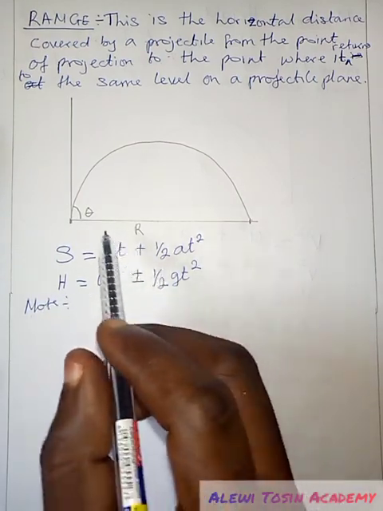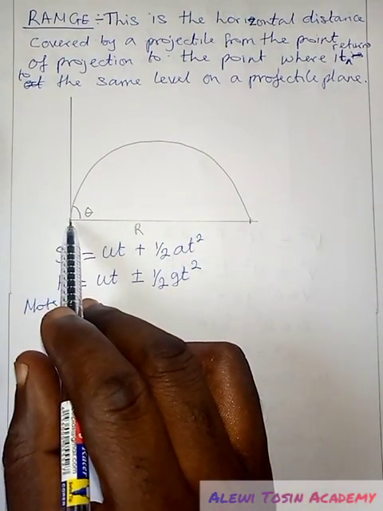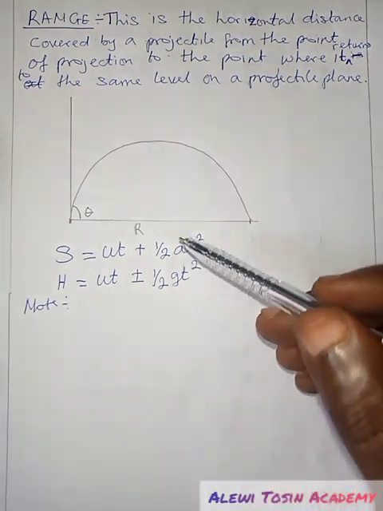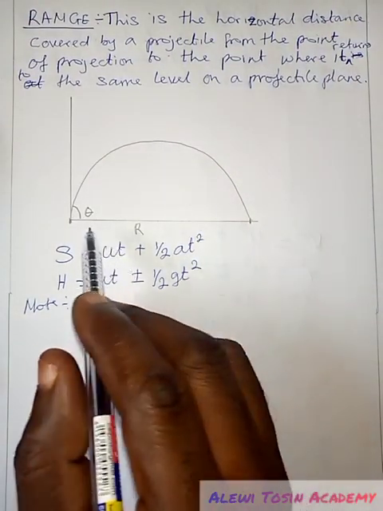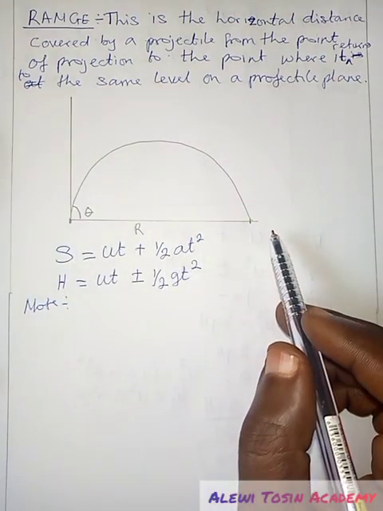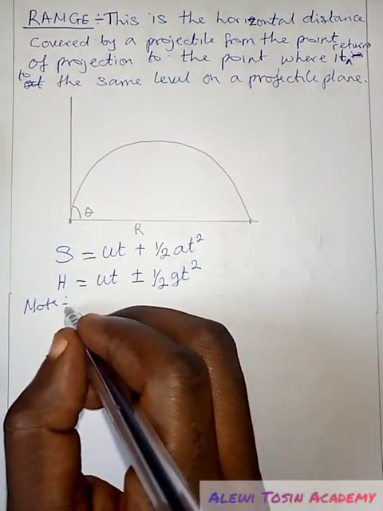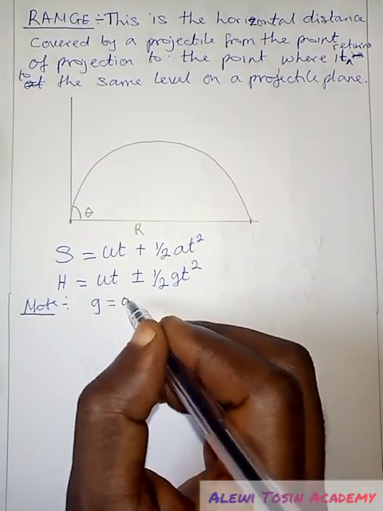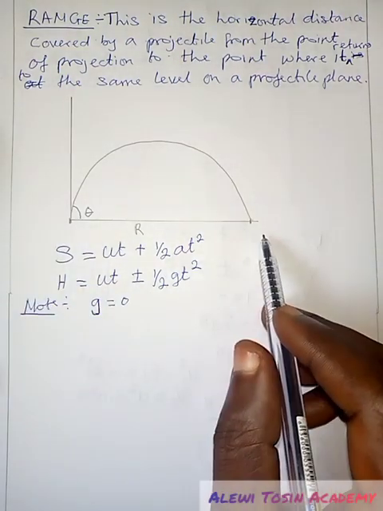We need to note that this is horizontal distance, which means we are not considering the vertical component. We are only considering the horizontal component. So our g is equal to 0 because gravity is not considered.